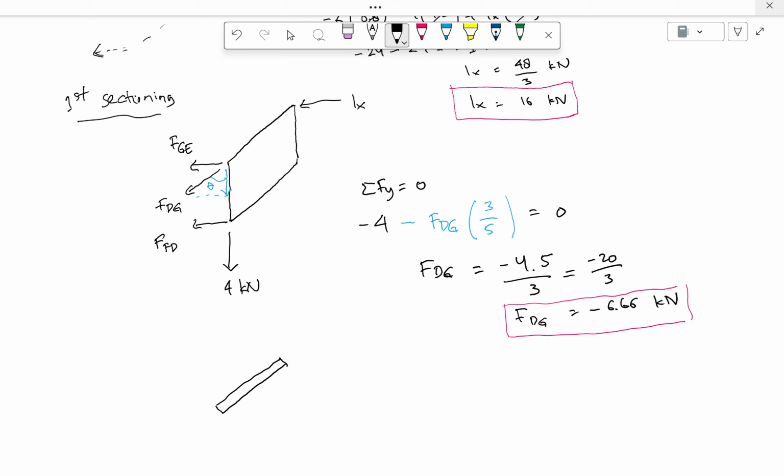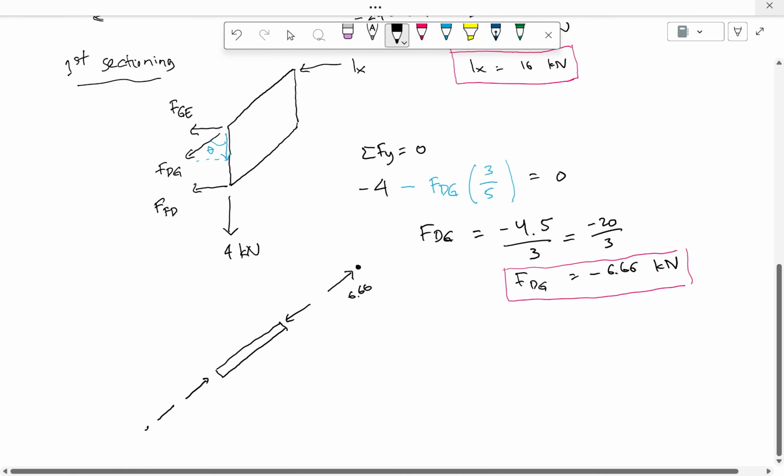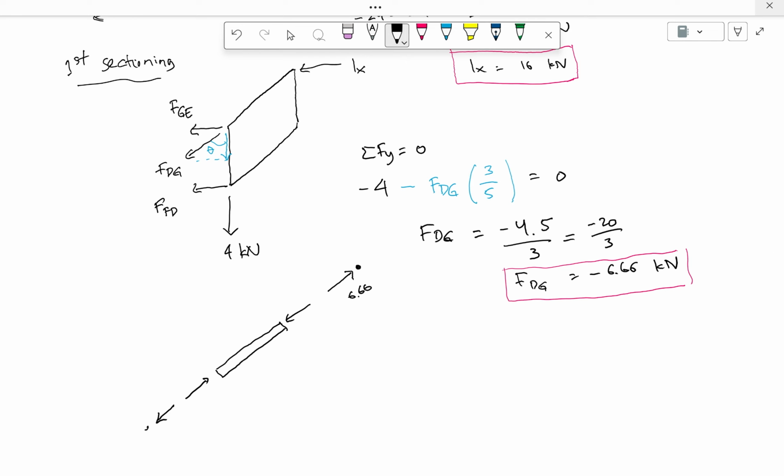So with respect to the joint, it will be like this. This is the correct direction, 6.66.